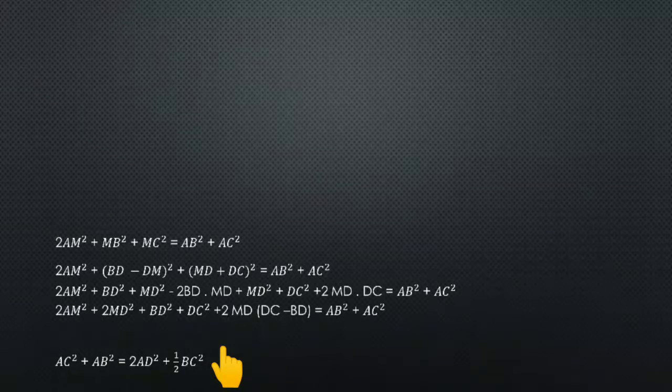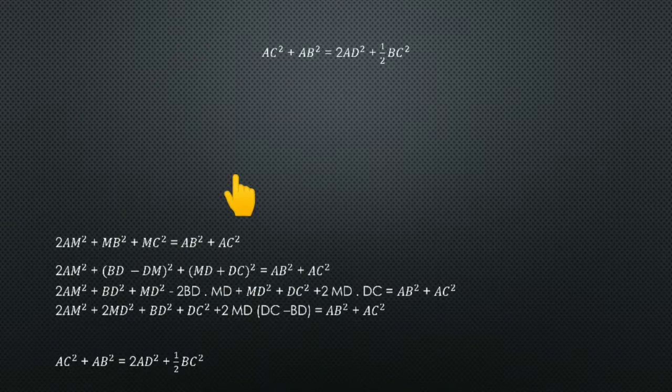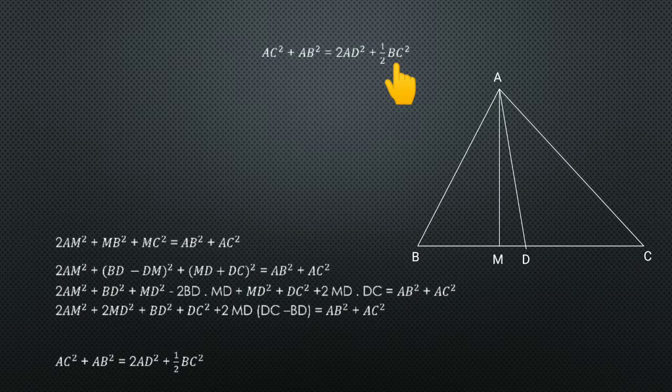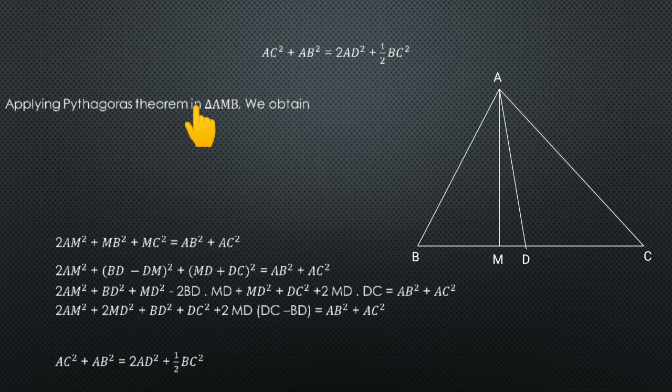Now, the third and last result from results 1 and 2. Here we have to prove that AC square plus AB square is equal to 2AD square plus half of BC square. Earlier we proved two results, and using those two results we have to prove this result. Applying Pythagoras theorem on triangle AMB, AB square is equal to AM square plus BM square.